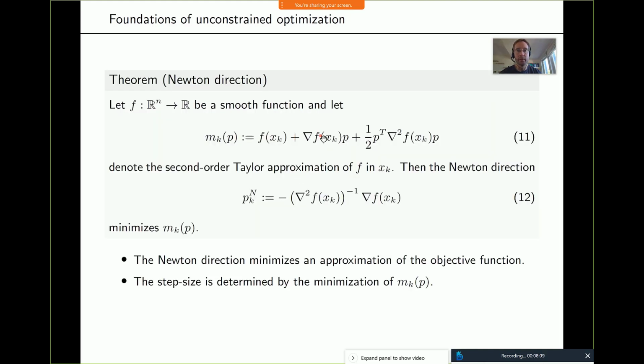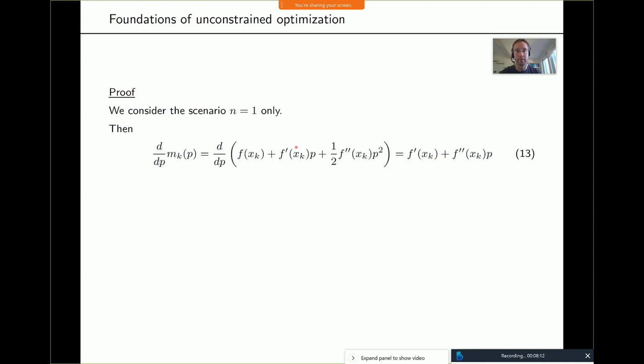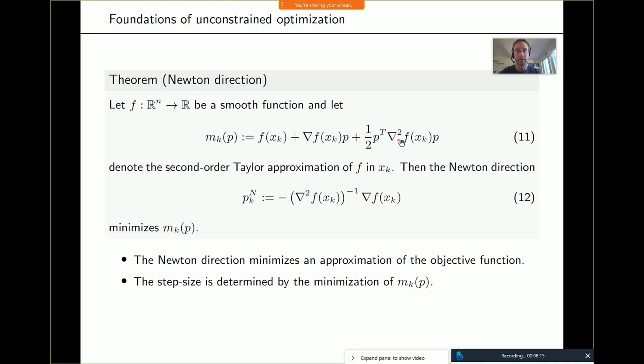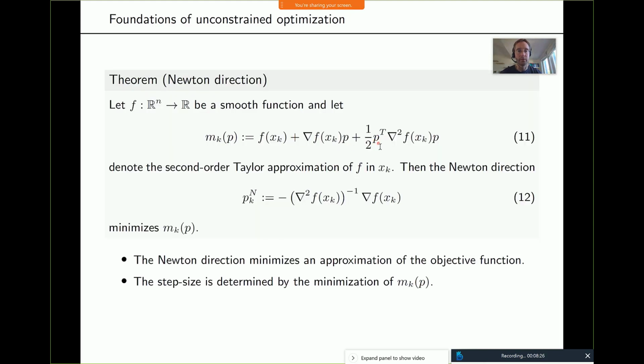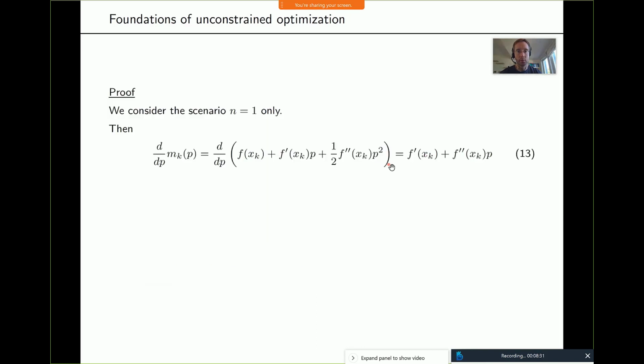So instead of the gradient, you have the first derivative, and instead of the Hessian, you have the second derivative, and instead of the dot product of p with itself, you just have the square. This is just the second order Taylor approximation from the previous slide for multivariate functions, written for a univariate function, and we now want to compute analytically the minimum of this function.